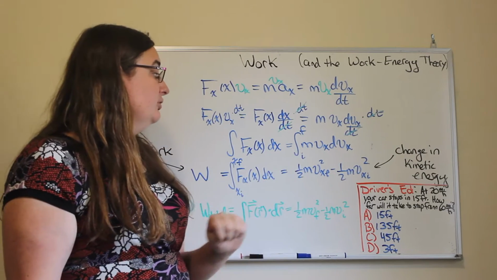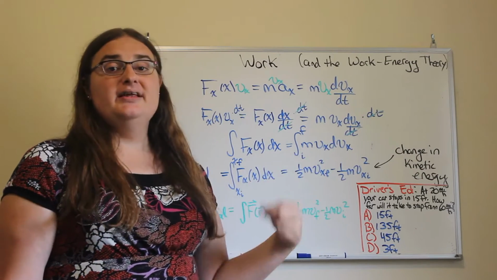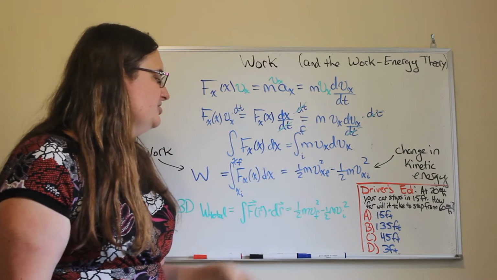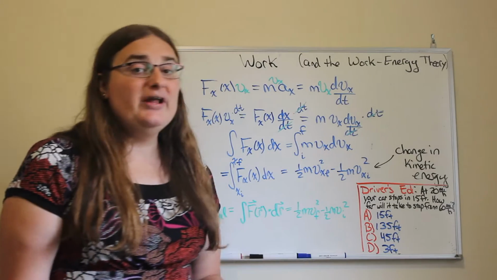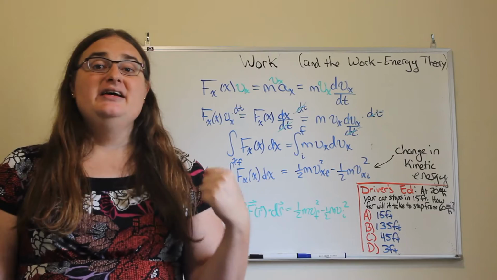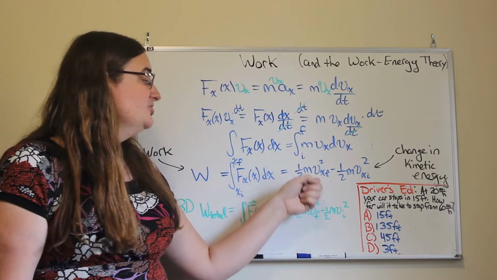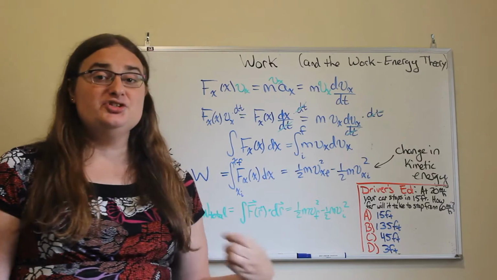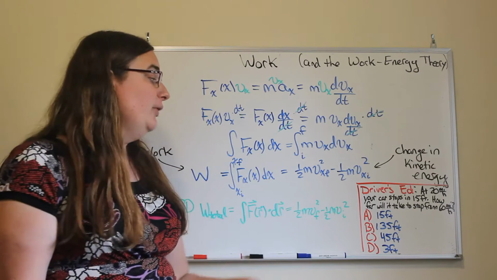Well, the integral of v dv gives me 1/2 v squared. So if I go from my initial condition to my final condition, I would have a term equal to 1/2 times the mass of my object times its final velocity in the x direction squared minus 1/2 times the mass times the initial velocity in the x direction squared.